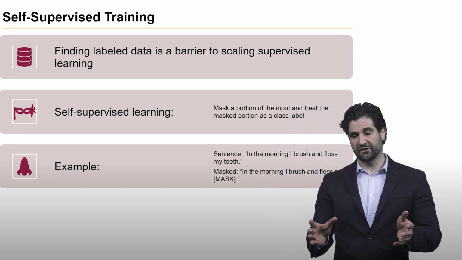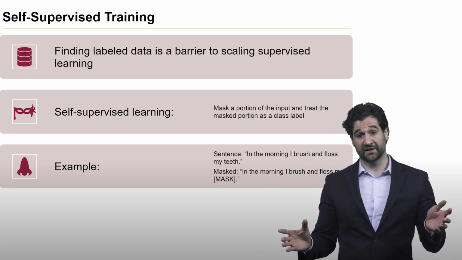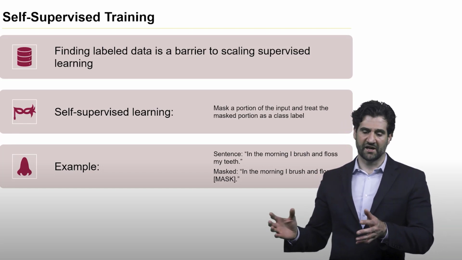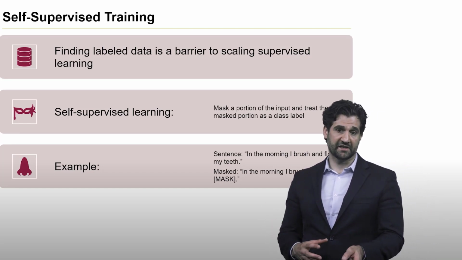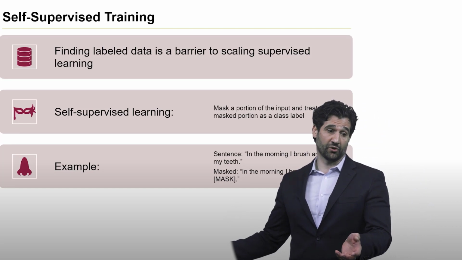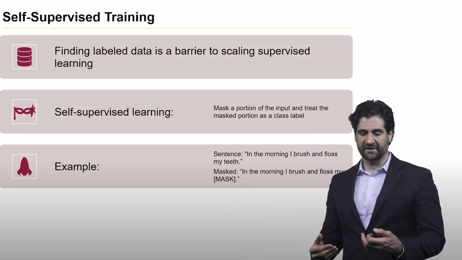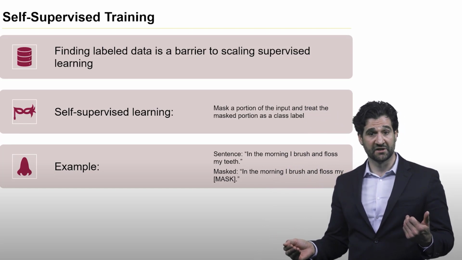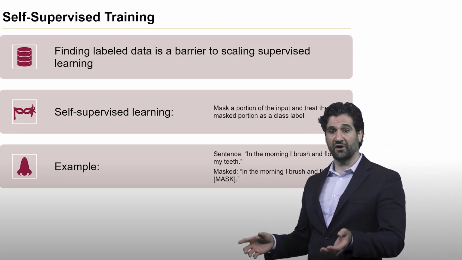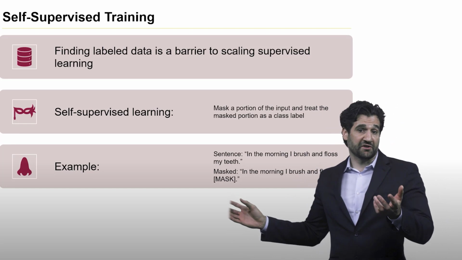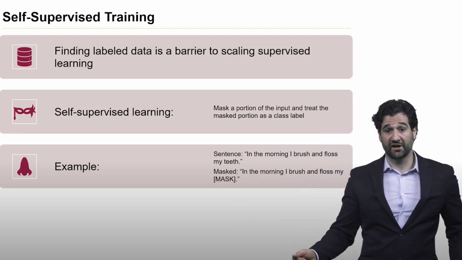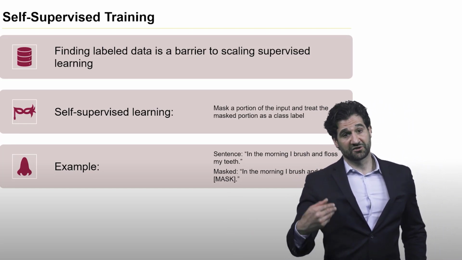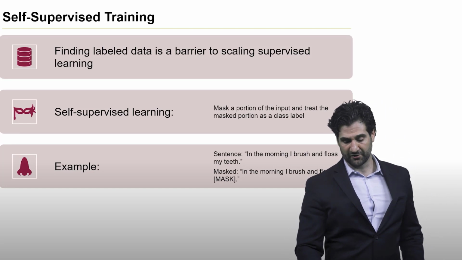And then maybe the word teeth gets masked out. So based on the beginning part of that sentence, what is that final word? As you see right there, we can all guess as humans that if you hear, in the morning I brush and floss my blank, most of us are going to likely fill in teeth with a very high probability. Essentially, we're getting the model to do the same thing.